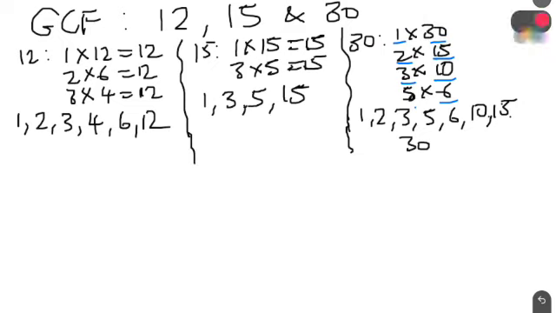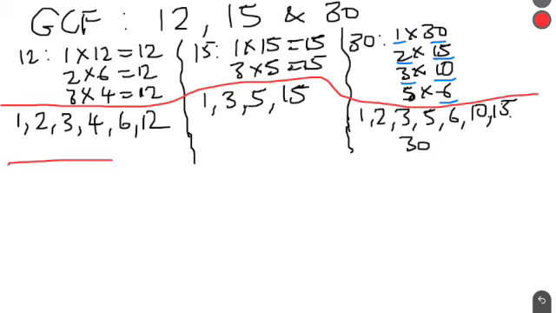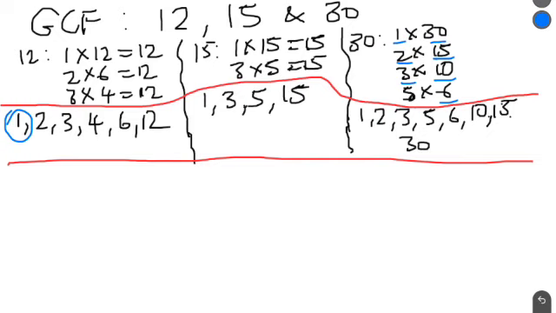Now we want to identify all the common factors. So all of the common factors we want to circle. Let's circle in blue. 1 is common. Is 2 common? No. 3 is common. Is 5 common?